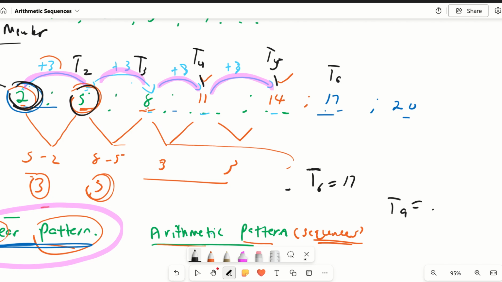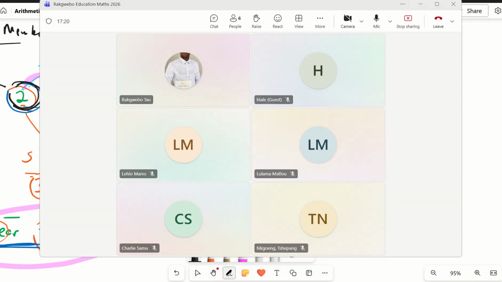Can you guys find me T9? Can you tell me what T9 is? I'm waiting for you guys to tell me what T9 is.